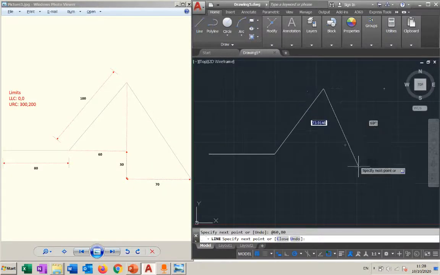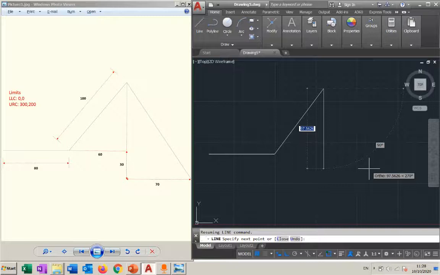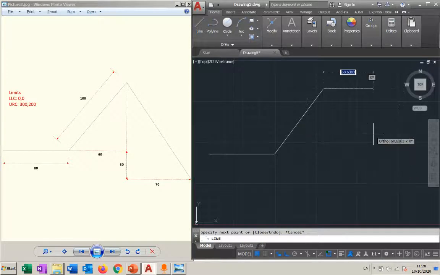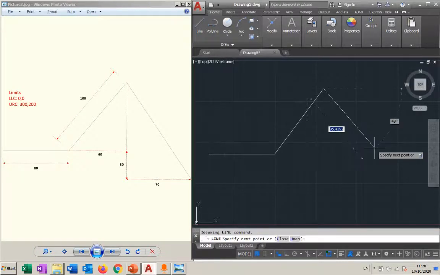Then, in order to draw the last line, we have to use the second method, at. Now, 70 to the right, it's positive, so 70. Did I post at? I don't know. Let me just repeat it. I pressed something by mistake. So I'm going to type at, 70 to the right.